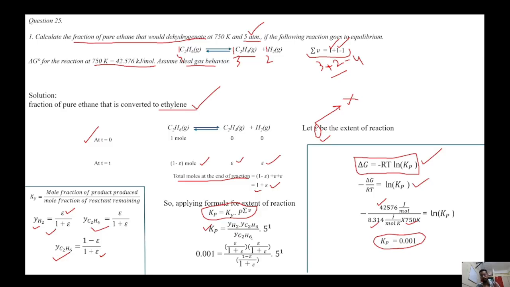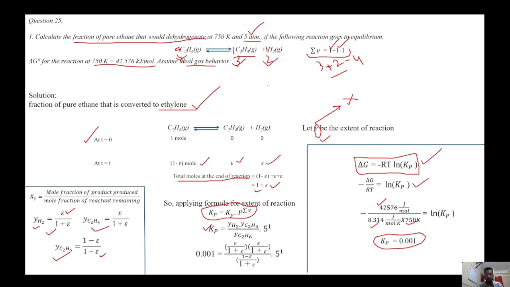Now, here is a very important thing, just listen carefully. Consider a reaction like this: 4 C2H6, 3 C2H4 and 2 H2.